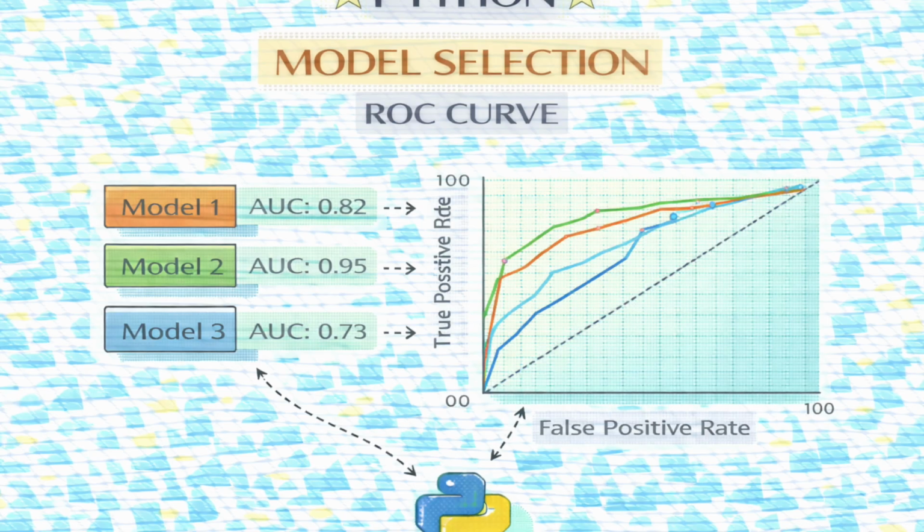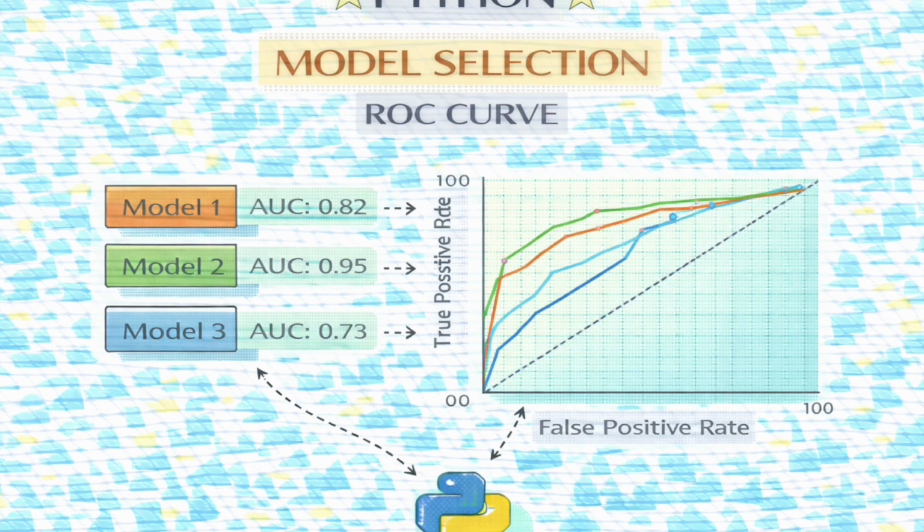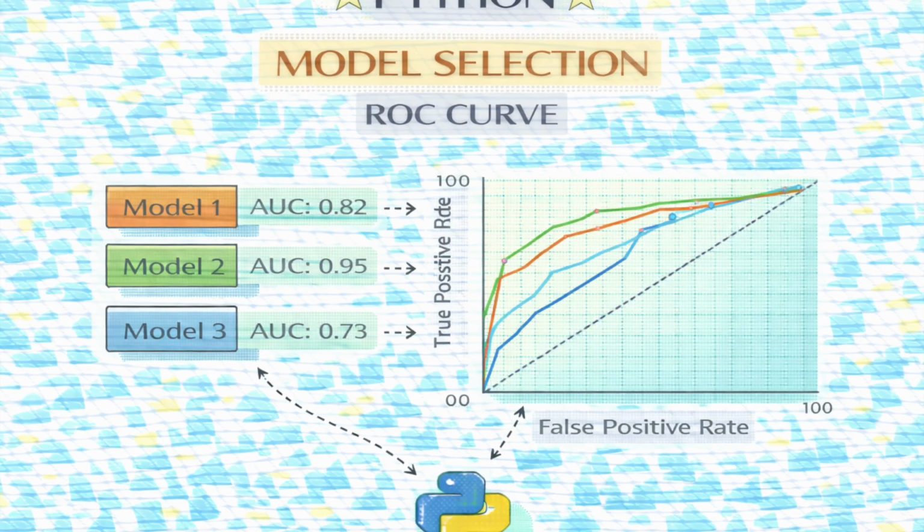The curve looks great, pushed up near the top left, but it's hiding the real story. So for those really skewed cases, what's the alternative? In those scenarios, you should turn to the precision recall curve. It focuses much more intensely on the performance on that rare positive class, so it gives you a much more honest picture. That's a critical distinction.